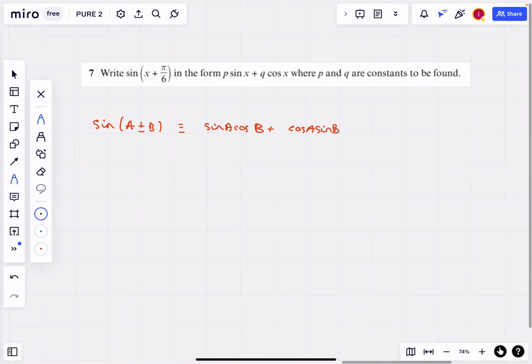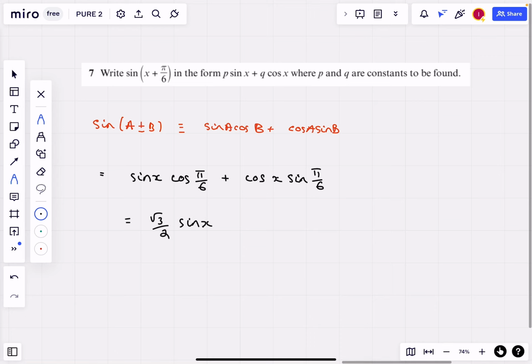And now, applying that where a is x and b is pi over 6, you would get sine x cos pi over 6 plus cos x sine pi over 6. And now it's just a matter of plugging in cos pi over 6 and sine pi over 6 and then multiplying. So cos pi over 6 gives root 3 over 2.